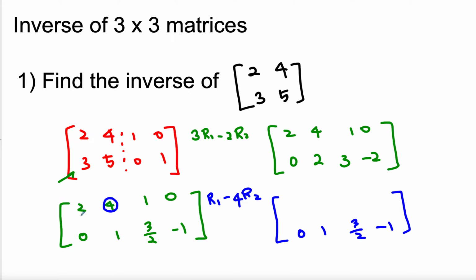Now the first value, 2 minus 0 becomes 2. The second one is 4 minus 4 times 1, which becomes 0. Now this is 1 minus 4 times 3 over 2, which becomes negative 6, so we get negative 5.